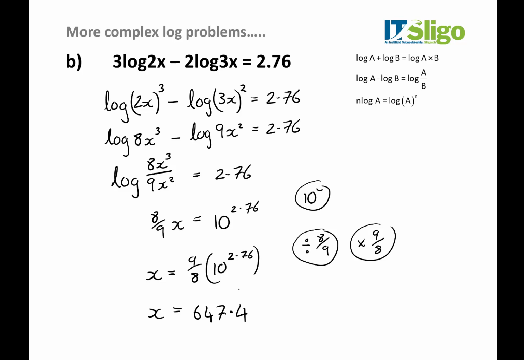Just double check that again, so we get the same answer. So again, take your time guys, there's plenty of room for error. Again, I'm just double checking I haven't made a mistake. I don't think I have.